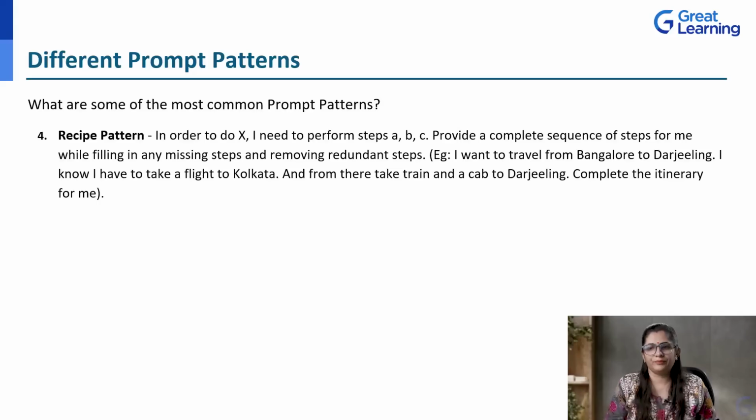Based on this, I am telling ChatGPT to complete my itinerary. This is a recipe pattern, where you know you want to do an X task, and you know that A, B, C are the subtasks or steps necessary to do that task.